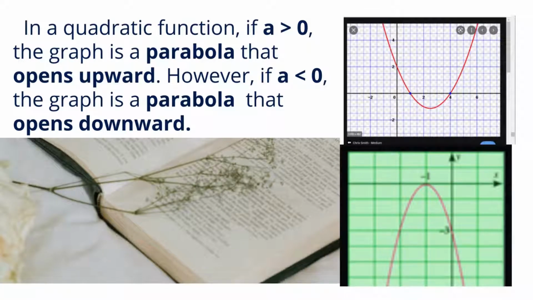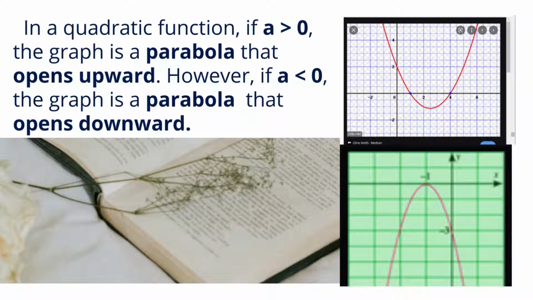To understand it very easily, in a quadratic function, if a is greater than 0, or if the value of a is positive, the graph is a parabola that opens upward, as you can see the graph on the upper portion.